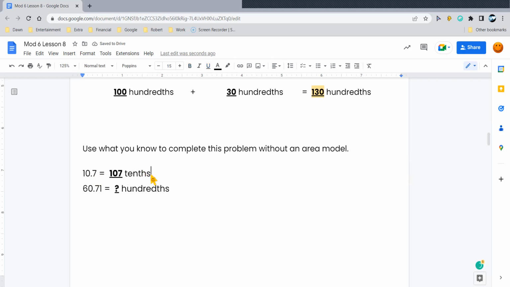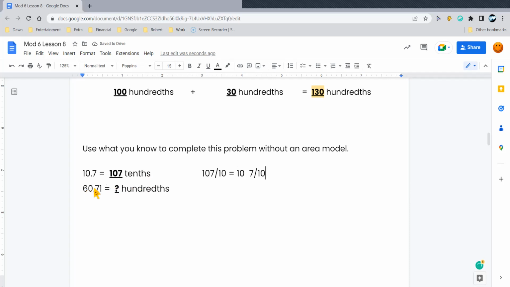Now what I want to do also is write this in fraction form. So I see that I have 10 wholes in 7 tenths. So I'm going to put that over 10, which is also equal. Remember, I just did an improper fraction. Now I want to do a mixed number. So I'm going to go 10 and 7 tenths.